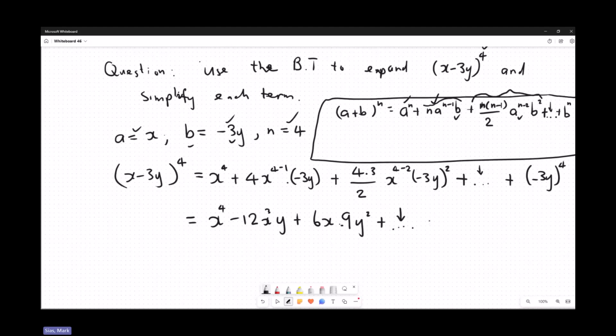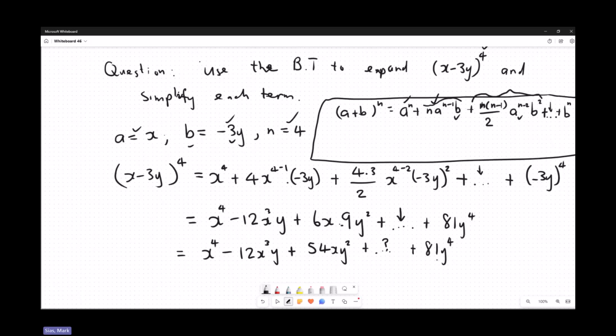And then my last term is minus 3 to the 4, which is just 81 y to the 4. So all the other 4 terms are these, according to my calculation. Plus, this is the one you need to fill in, put a question mark there, plus 81y to the 4.